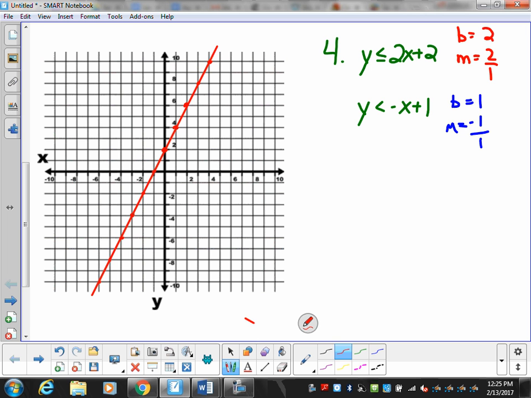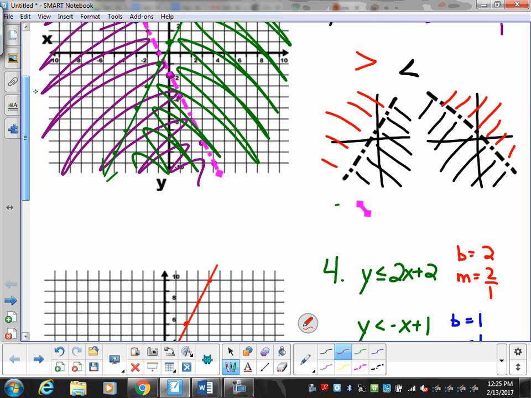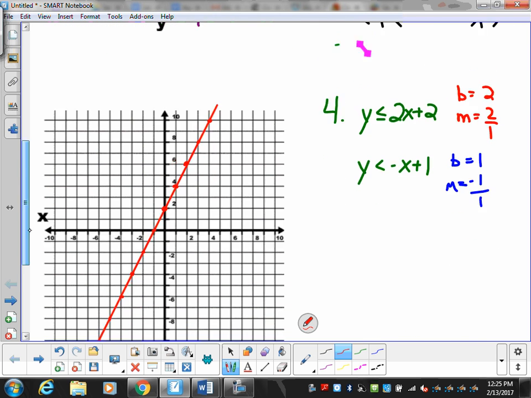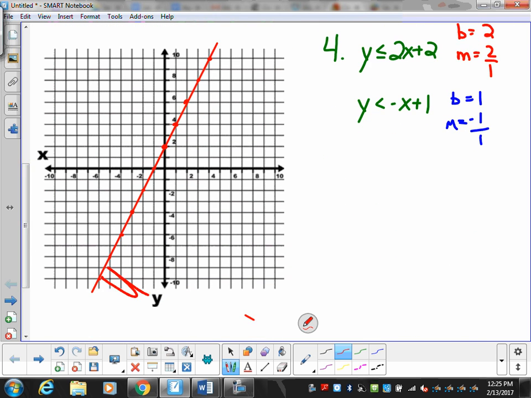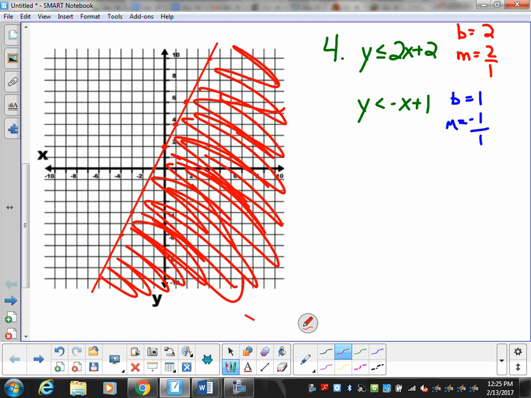Less than. So if we go back up here, the less thans were in red. No, less thans were in black. It's slanted this way, so it's going to be shaded to the right. Okay, so that's that one set up.